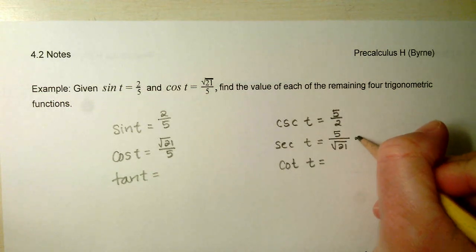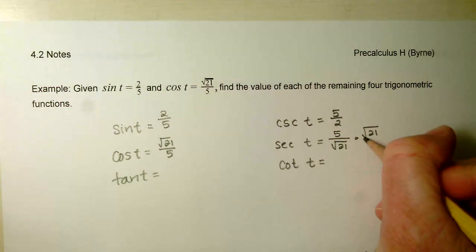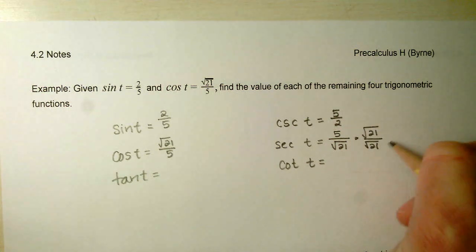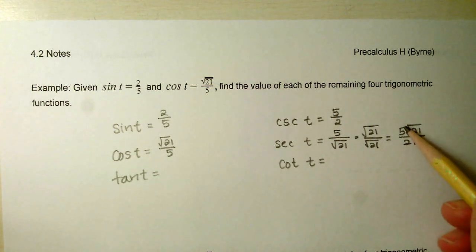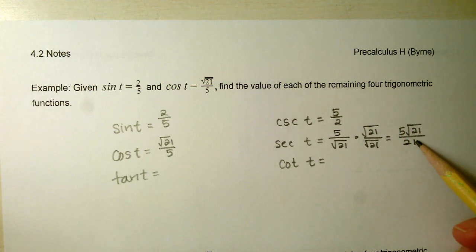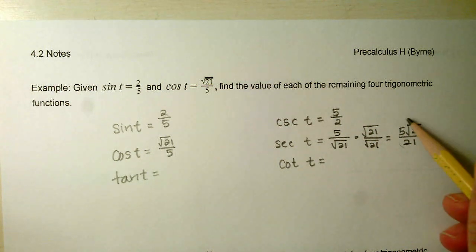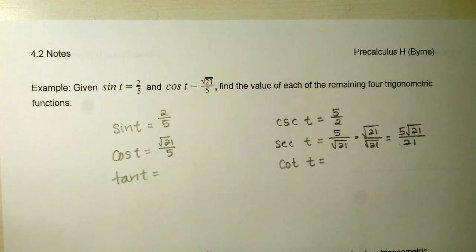Again, generally, you'll be asked to rationalize denominators. So we get 5 square root of 21 over 21. You want to be careful to see if there's anything that you can reduce between the coefficient and the integer denominator, but if not, you can just leave it like that.